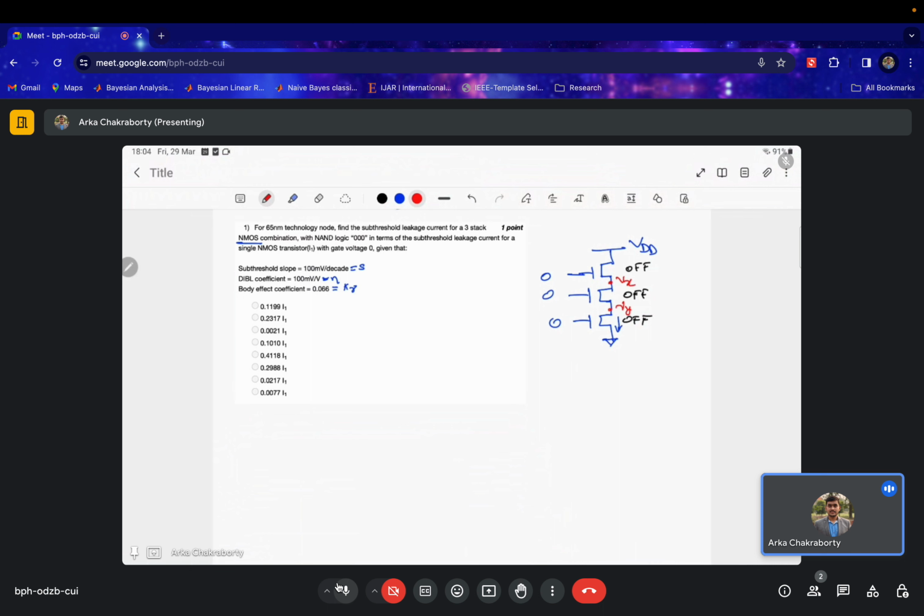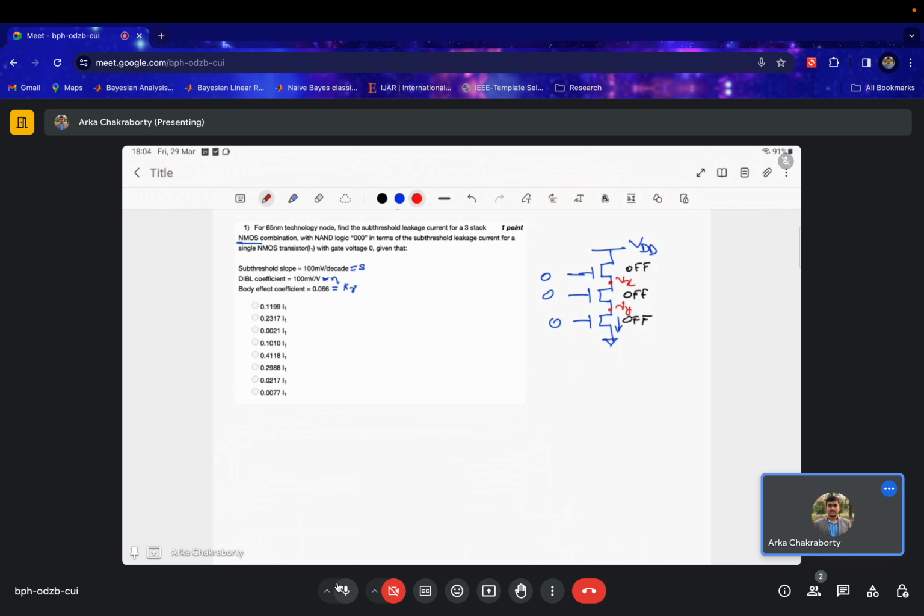From the subthreshold current equation provided to us, I will find the current for all 3 transistors. As these 3 are in series, all these currents will be equal to each other, with 2 variables, Vx and Vy.